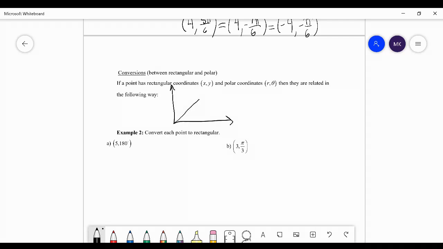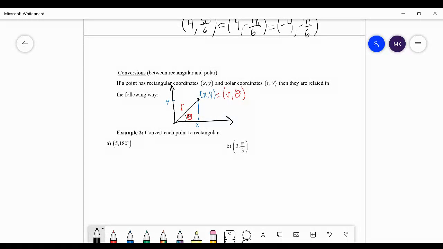So if this is our point here, and this is the angle theta, this is r and theta. Then this is x, this is our y value, right? So we can think of this as the point x comma y, also the same as the point r comma theta.